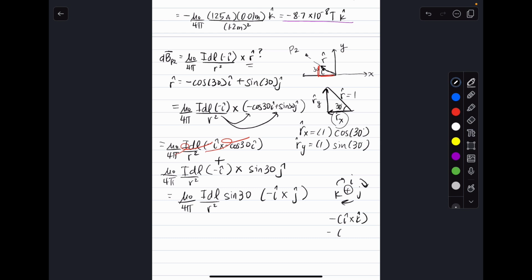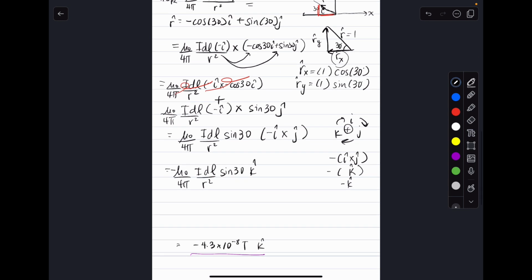Right, so, oops, that's a J. This is a K, right? So my result is negative K. So I can throw my negative in the front or in the back, doesn't matter where you want to put it. Sine 30, K hat. All right, let's plug in all those numbers.